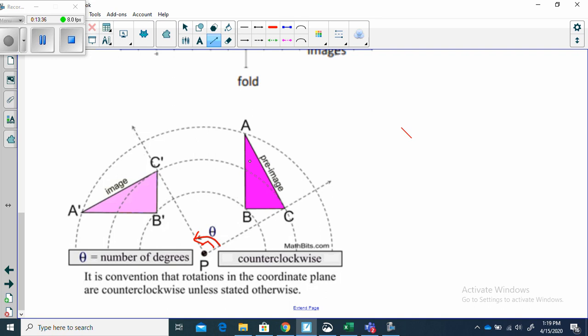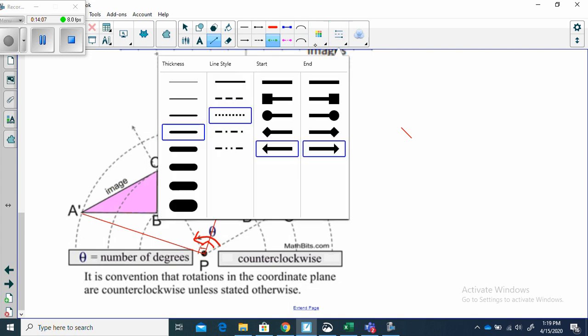If I start out with AB, this is where we are at our center. And if I rotate point A around here to A prime, let's see what our angle of rotation was. That looks like a 90-degree angle, doesn't it? Let's try the point C. Let's see if we get the same situation there.